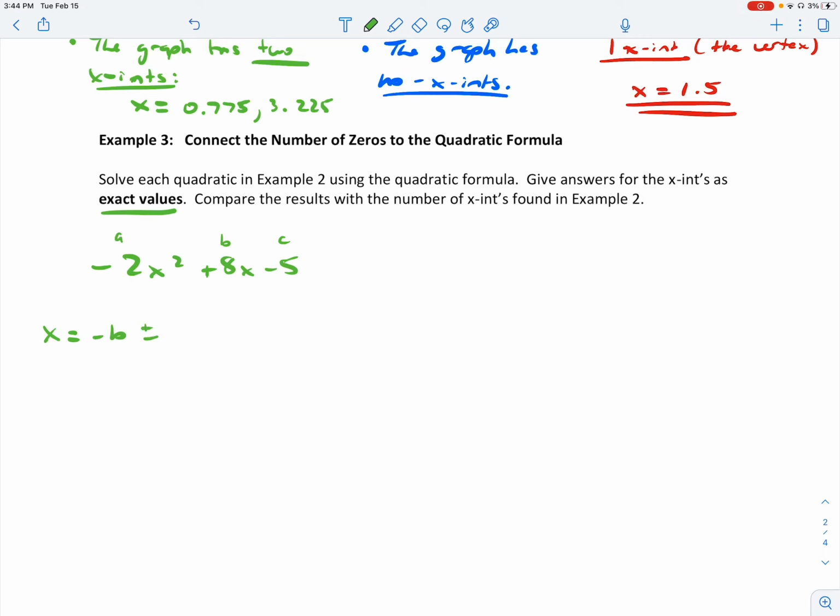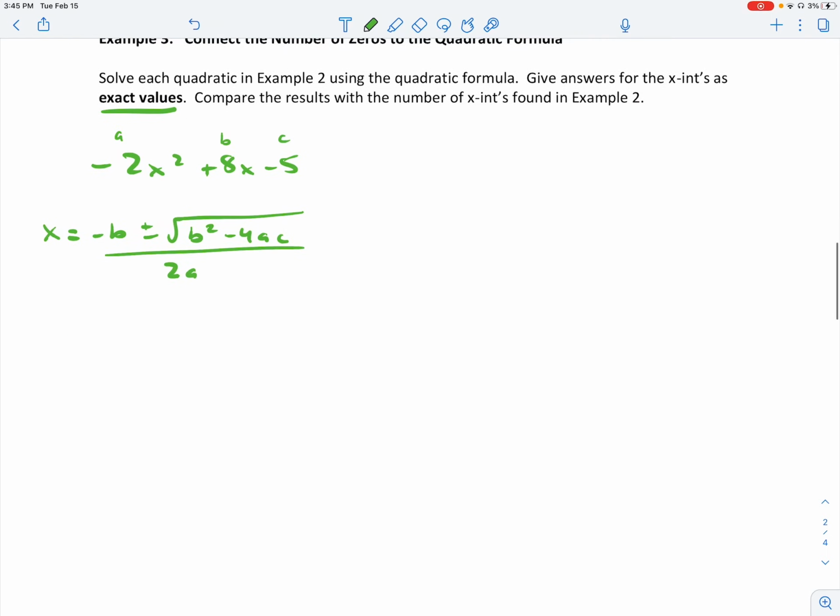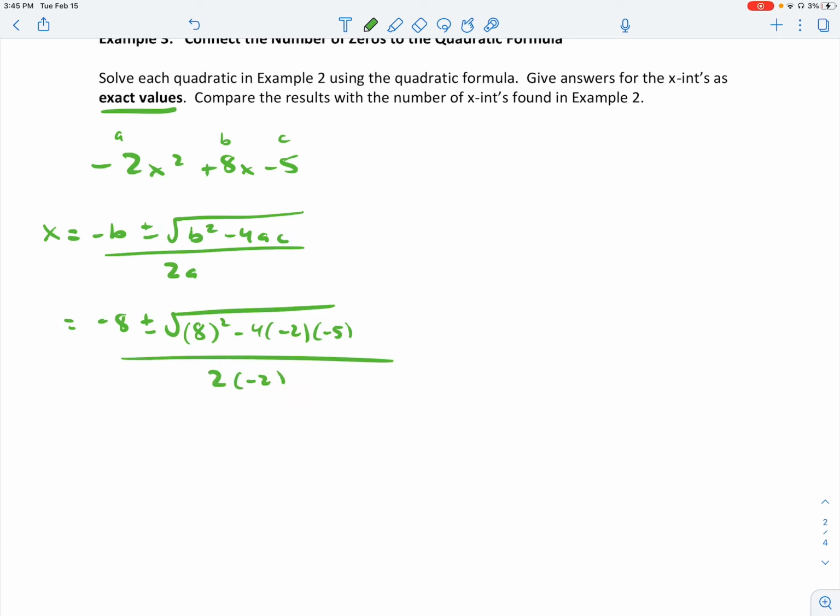I recommend you don't write too large for this one either, because we'll have to do the quadratic formula 3 times in this one. Subbing in, we have -8 plus or minus the square root of 8 squared minus 4 times A times C, -5, all over 2 times A, -2.